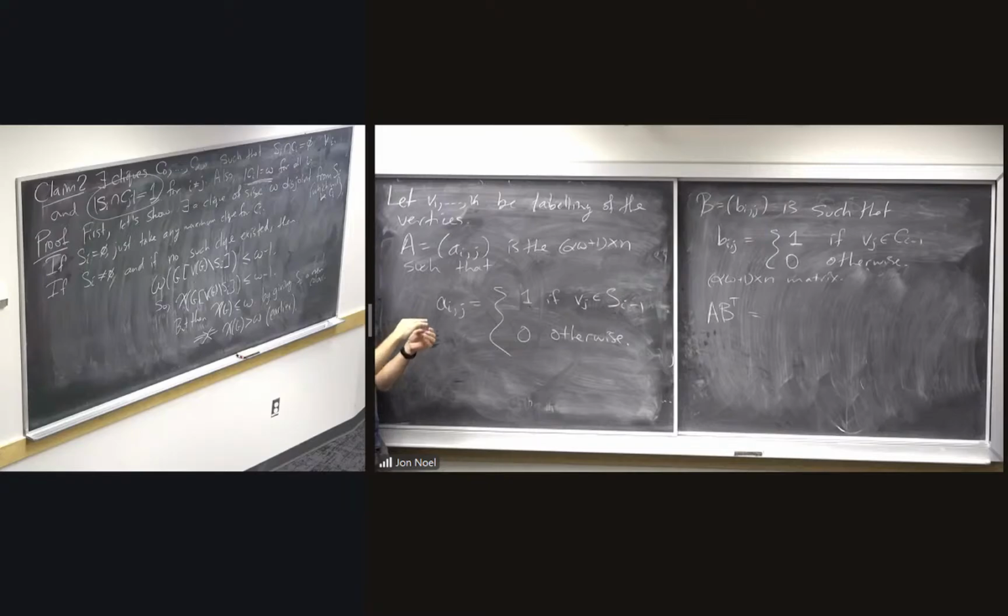There are n columns, and the first row is 0 for all the things that are not in S0 and 1 for all the things that are in S0. It's an indicator vector of S0. All the way down, you get indicator vectors of all the stable sets in my collection. Similarly, each row of B is an indicator vector of a clique, C0 up to C alpha omega. So it would be exactly one in each.